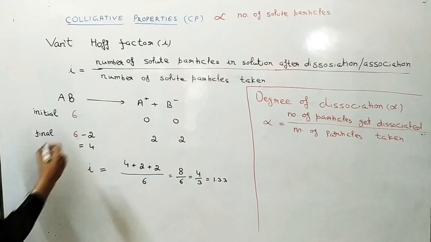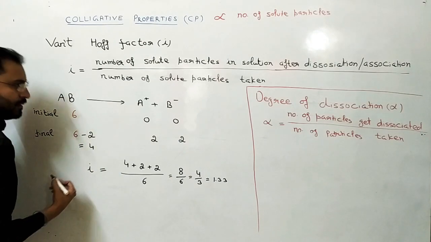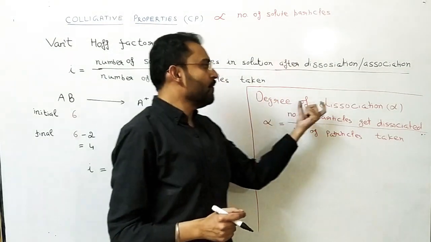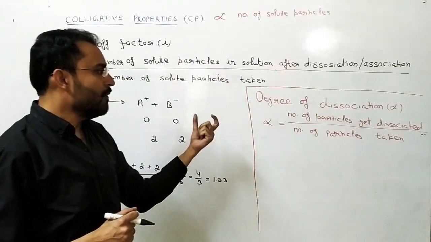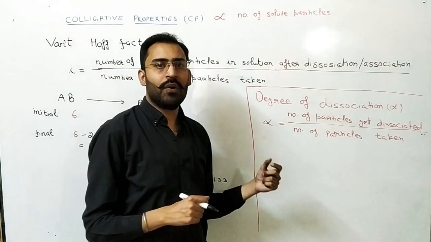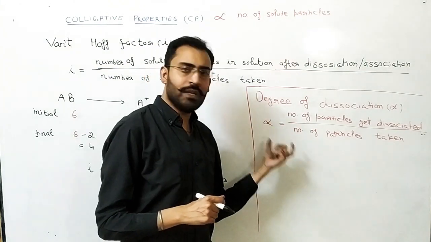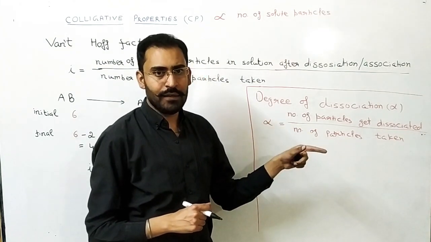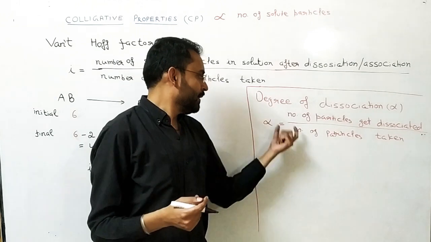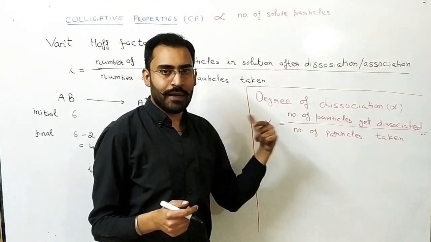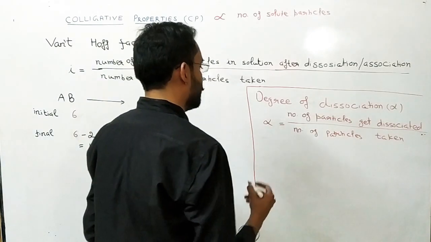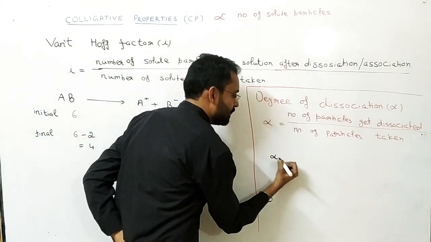Got it? Next is degree of dissociation, alpha. Alpha is the ratio of the number of particles which actually get dissociated or associated divided by the number of particles originally taken. Consider the same example of pens.